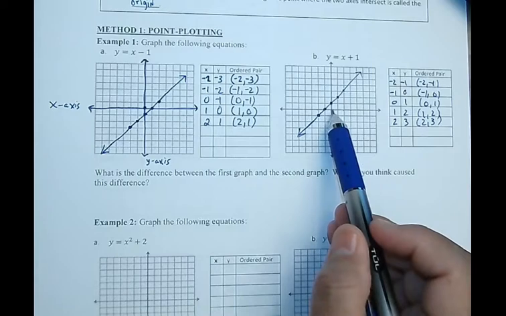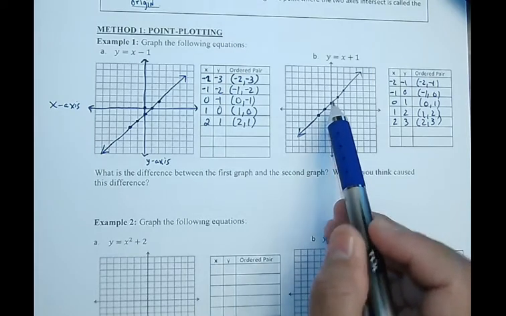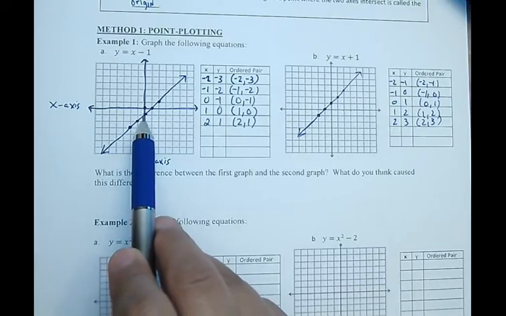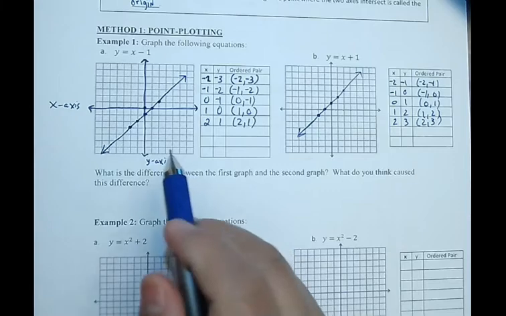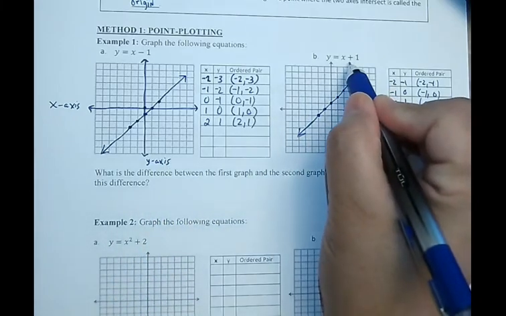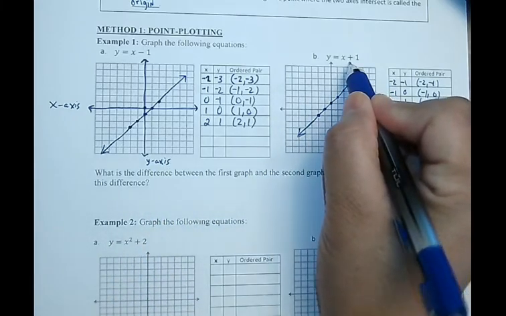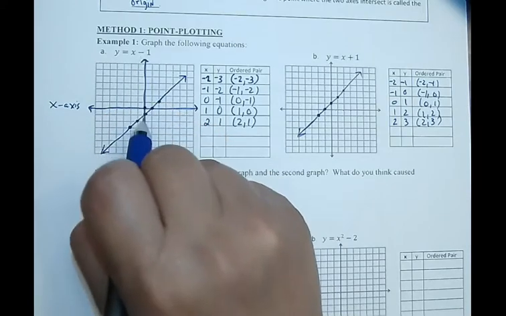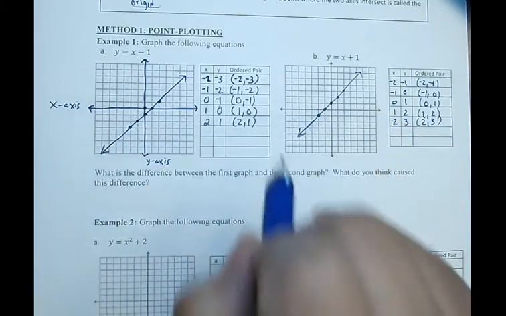So if we were looking at the origin here, you can see that this point moved up 1. If we look at this side, you can see that this point moved down 1. So the difference here is that we're adding a 1 for the second equation and we're subtracting a 1 in the first equation, causing the graphs to move up or down.